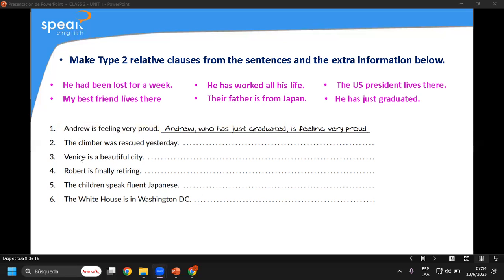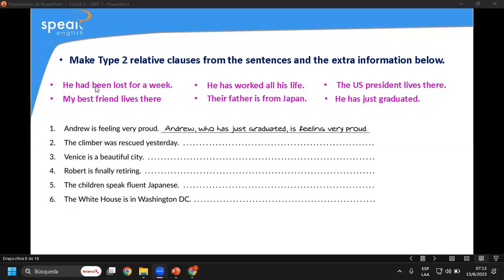If I say, the climber was rescued yesterday, do you understand the sentence number 2? Yes. Totally, exactly. Okay, let's add extra information. Which of these sentences can we add? What do you think? He has been lost for a week.